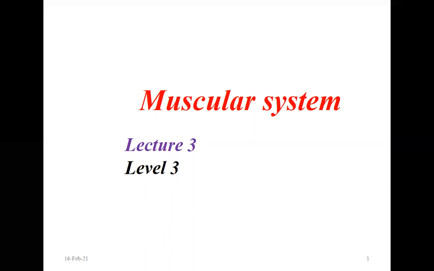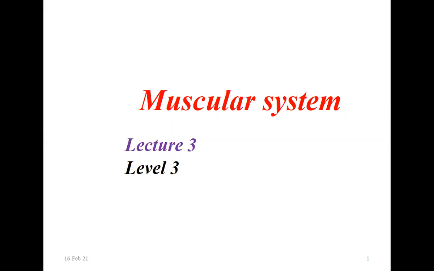So now we'll take up one more important topic, that is the muscular system. Till now we have covered three important topics. One is the introduction, where we discuss the cell and tissue and other things.